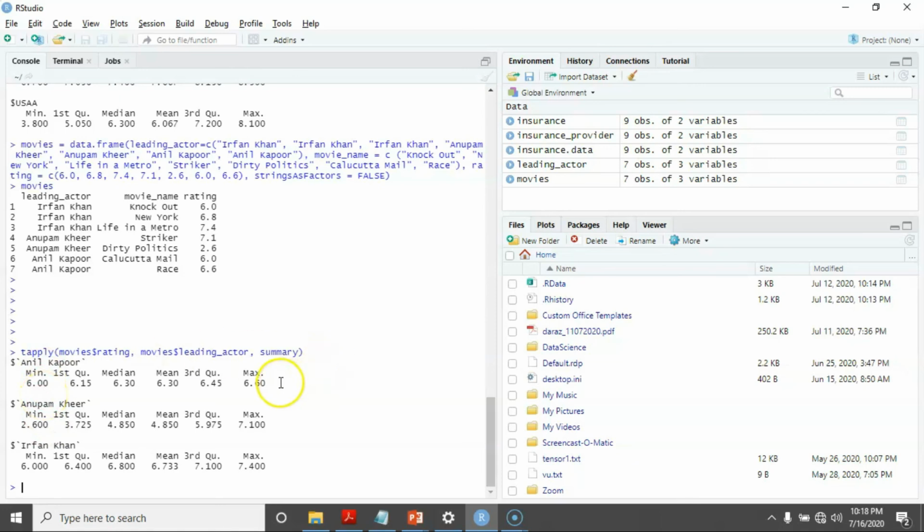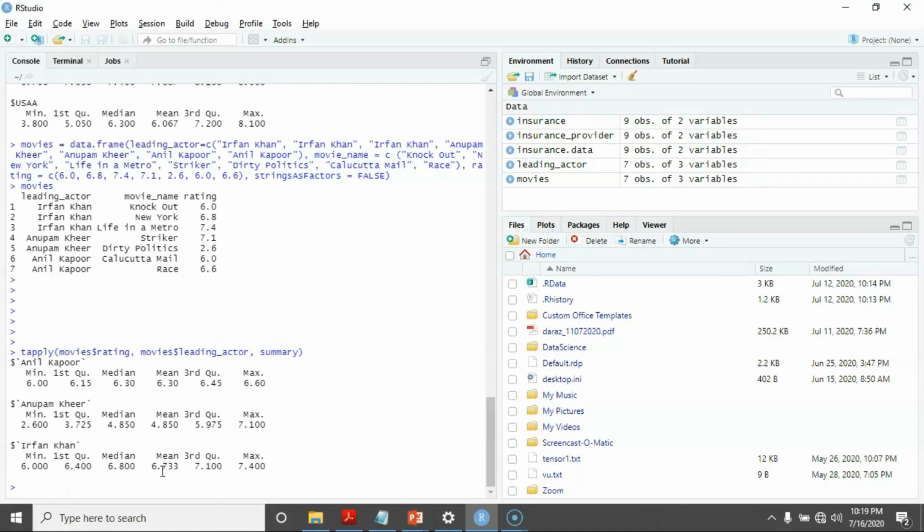The maximum value is 6.60 here and 7.40 for Irfan Khan, much bigger than the maximum value of Anil Kapoor. And the mean value of Irfan Khan is also larger than that of Anil Kapoor. So the minimum is the same, the maximum is more than Anil Kapoor, and the mean is also more.